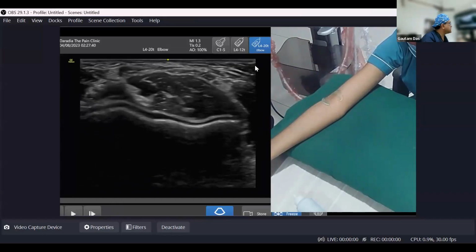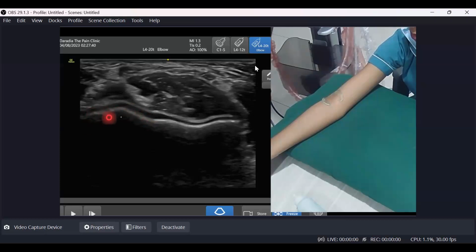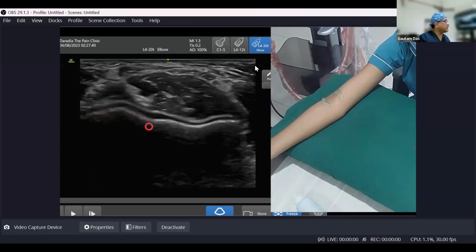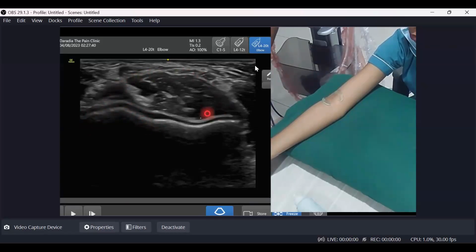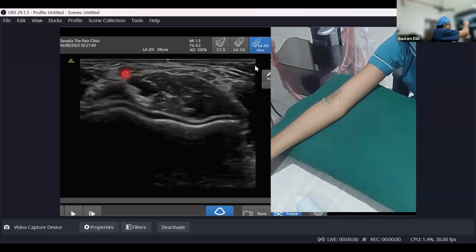So what I can see here, this side is the radial side. This muscle is your brachialis muscle.